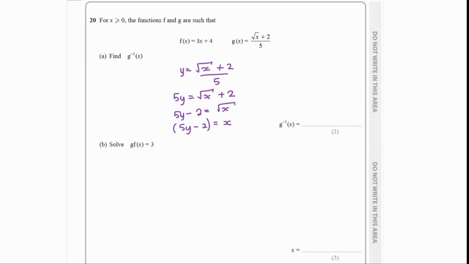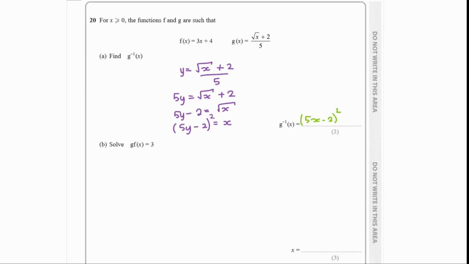And this would give us 5y minus 2 squared is equal to x. We would now have to change the y into x, or we can rewrite it as g inverse of x. So our g inverse of x will now be 5x minus 2 squared.